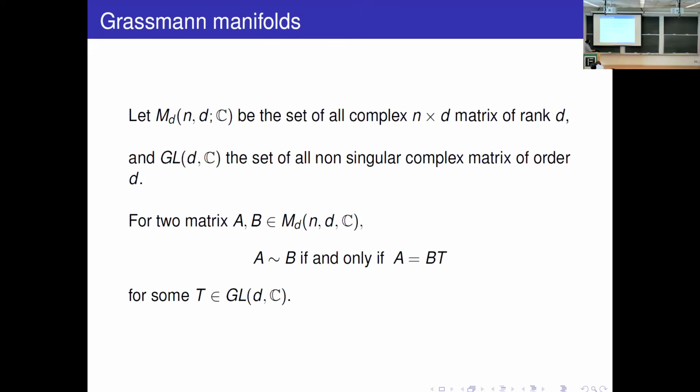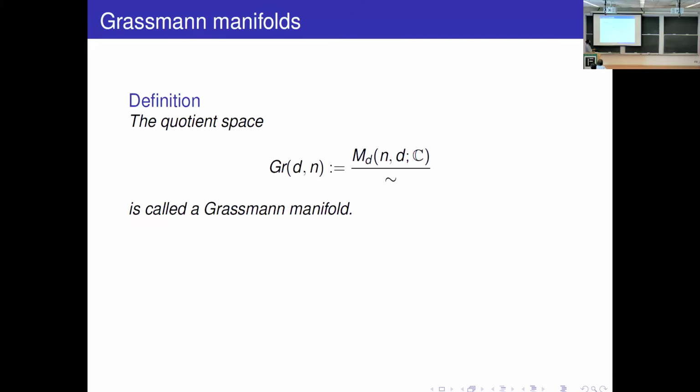That is the identification we know maybe from long time back. It looks very easy. The matrix A is identified to matrix B if they are related by this relation. What interesting thing it gives is the identification space, or quotient space. It is called the Grassmann manifold, and in many places you will see that it has a smooth structure.